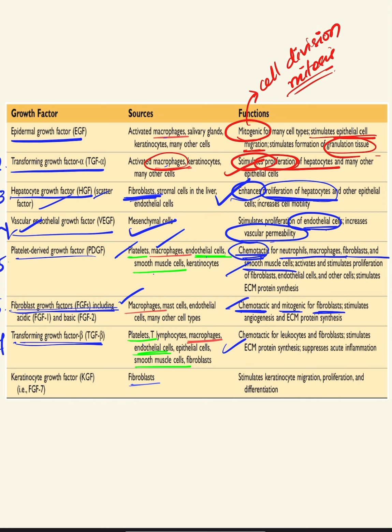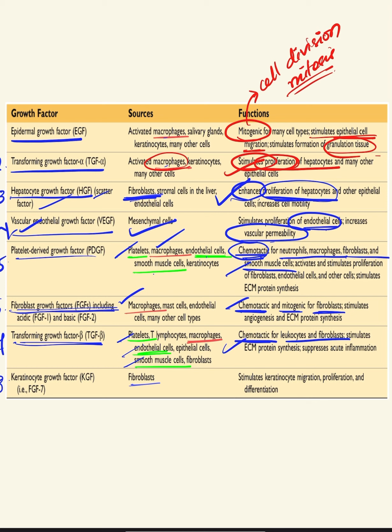See, same as platelet-derived: PDGF and TGF-β have platelets, endothelial cells, and smooth muscle cells, and macrophages in common. This is also chemotactic. Three chemotactics in the table: PDGF, FGF, TGF-β. Chemotactic for leukocytes and fibroblasts.